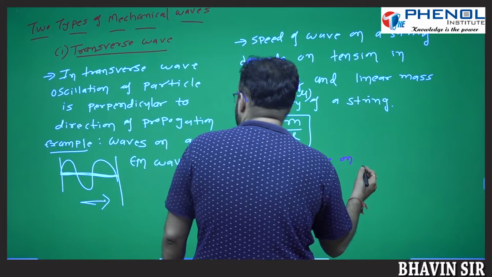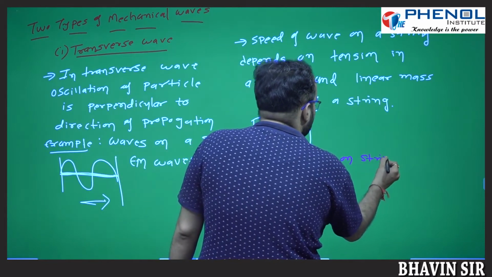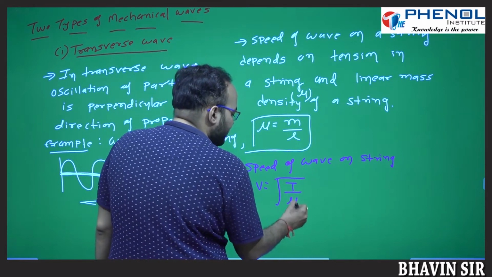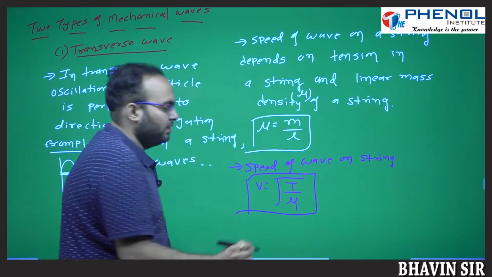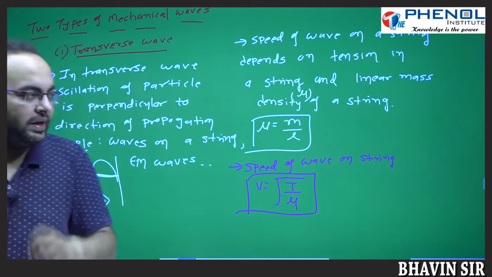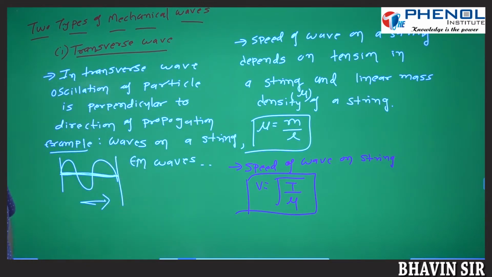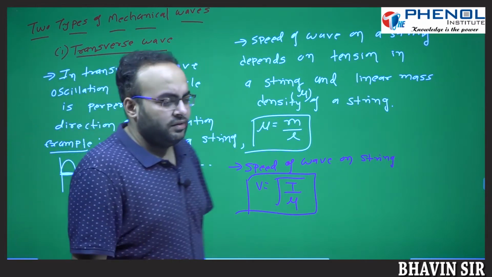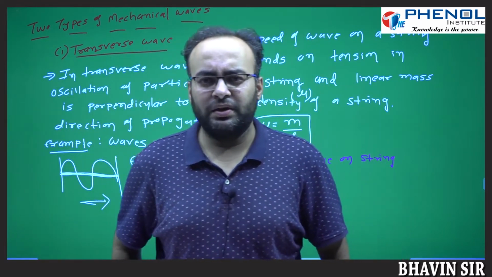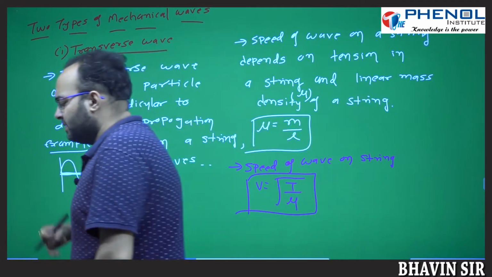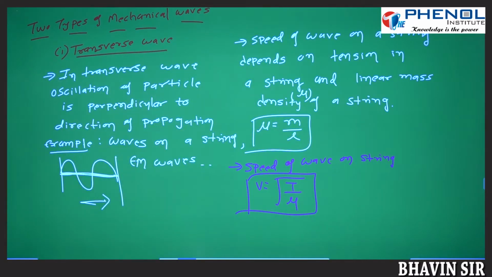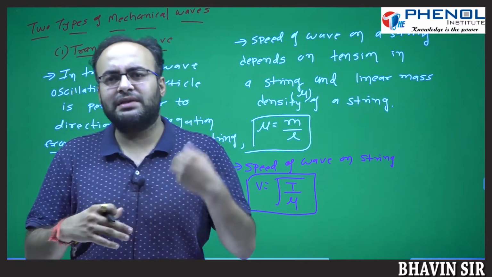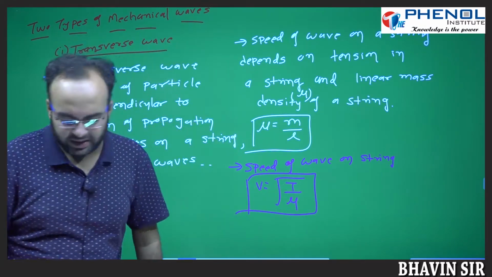Speed of wave on a string is given by under root T by mu, where T is the tension in the string and mu is the linear mass density, and linear mass density means mass per unit length.